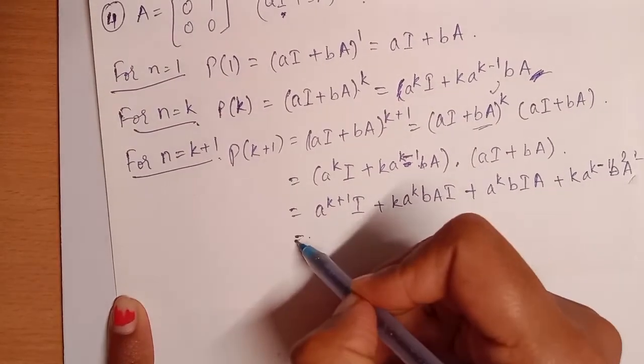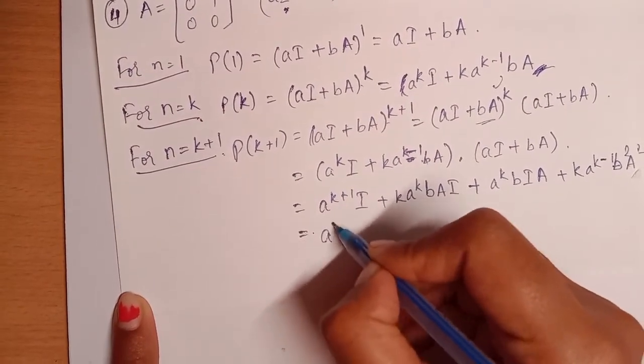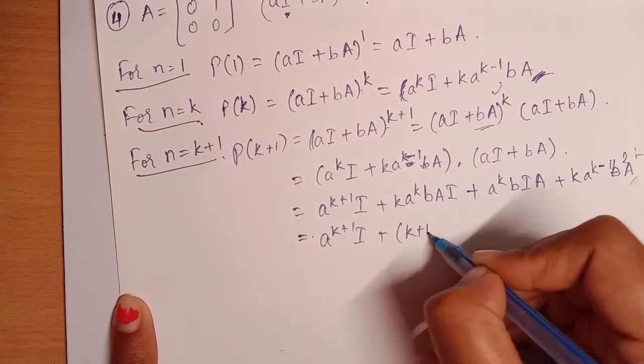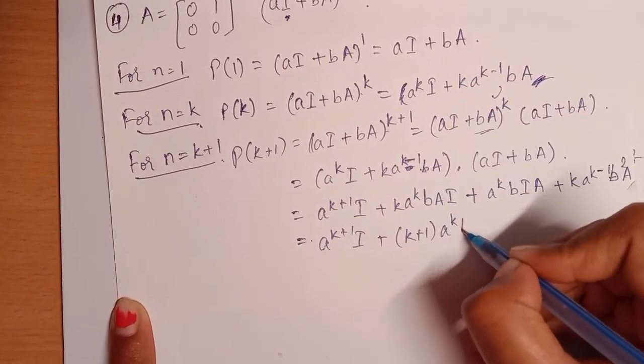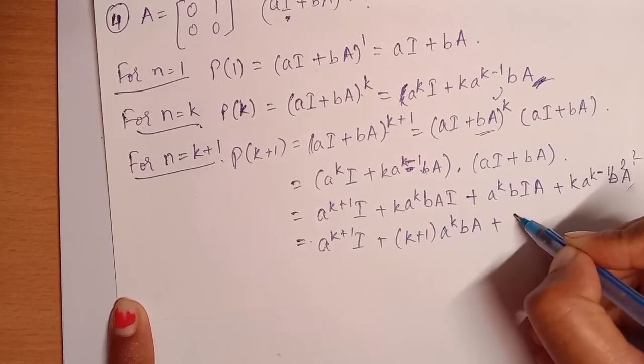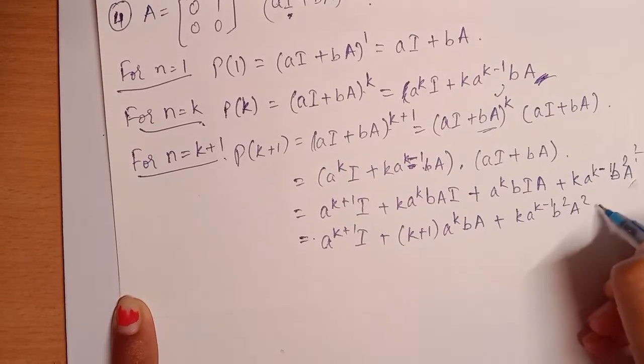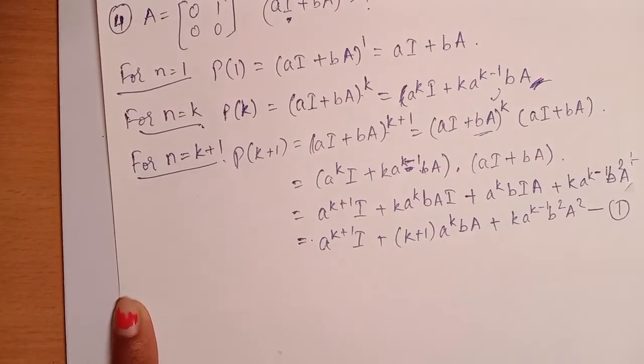Right? Which is equal to a to the power k plus 1 into I plus k plus 1 times a to the power k bA plus k a to the power k minus 1 b square A square. We take this as 1.